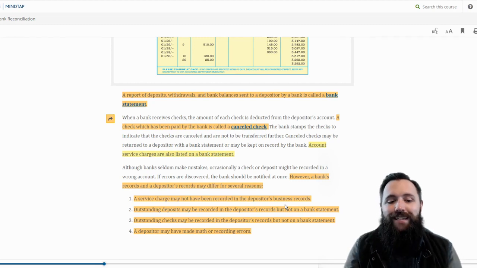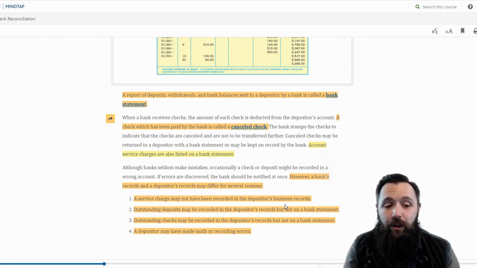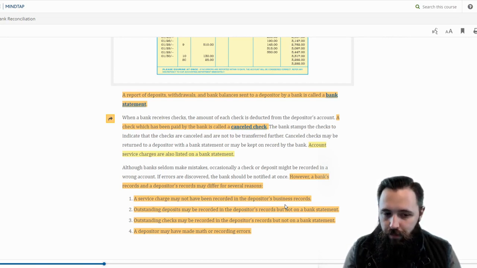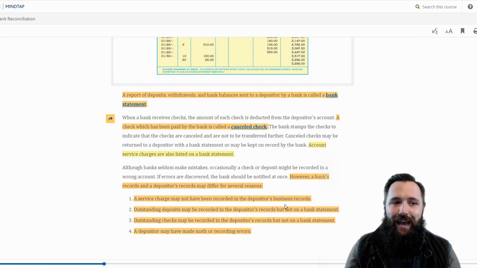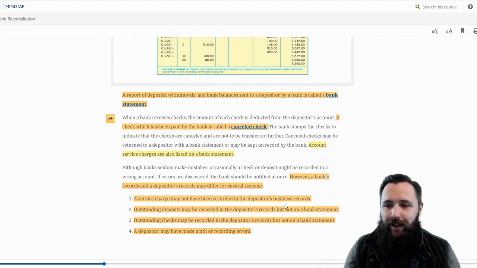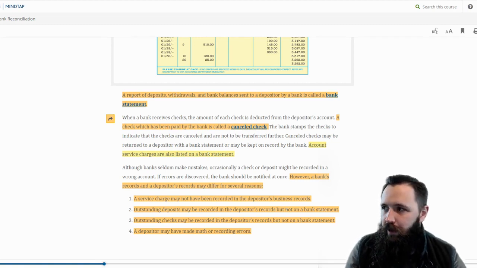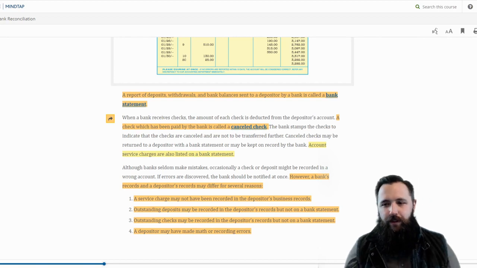Number 3 is outstanding checks may be recorded in the depositor's records, but not on a bank statement. So, what does that actually mean? Okay? Let's see how we can kind of think about this.